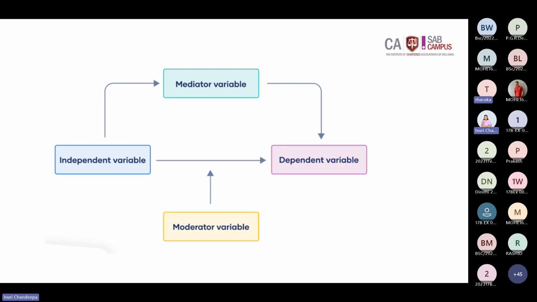That is the purpose of having a control variable in our research. It acts as a constant throughout the research study.